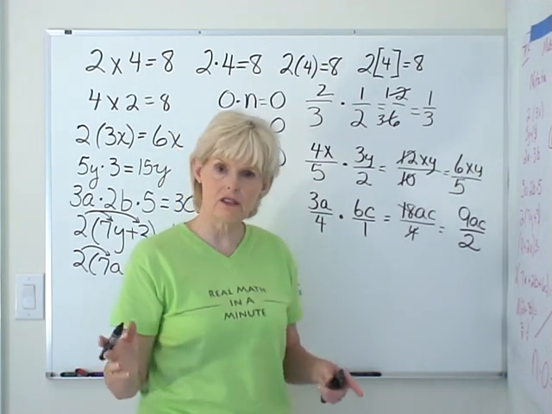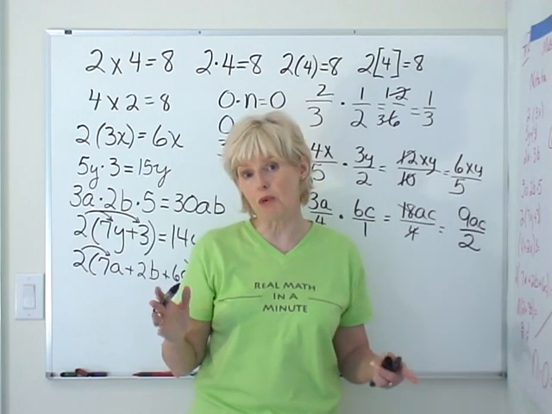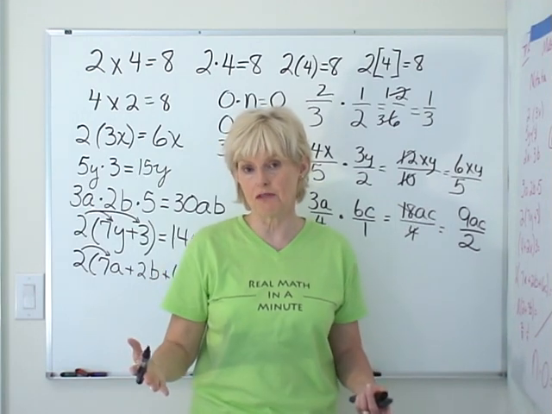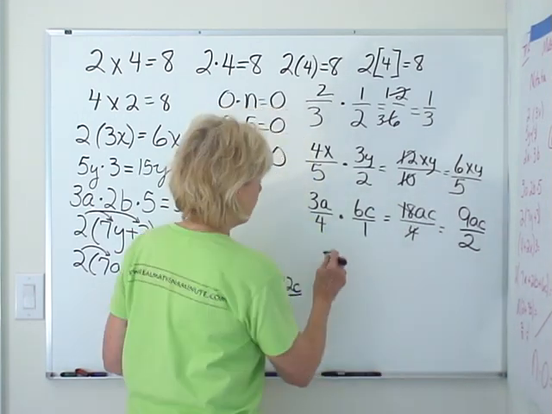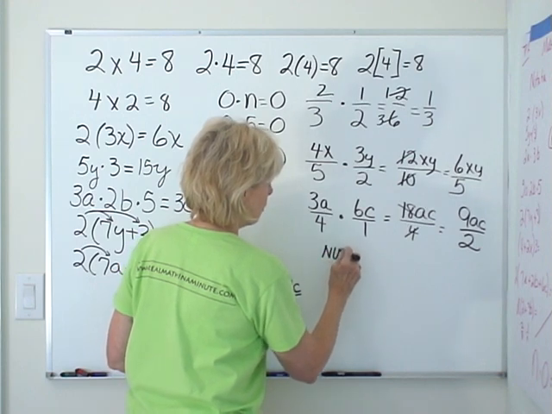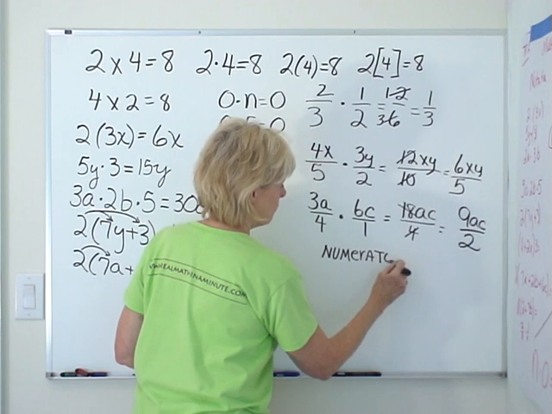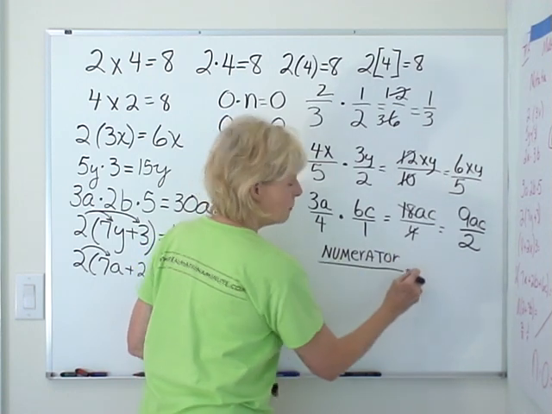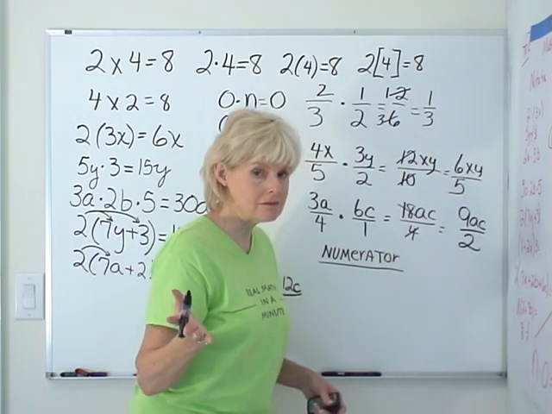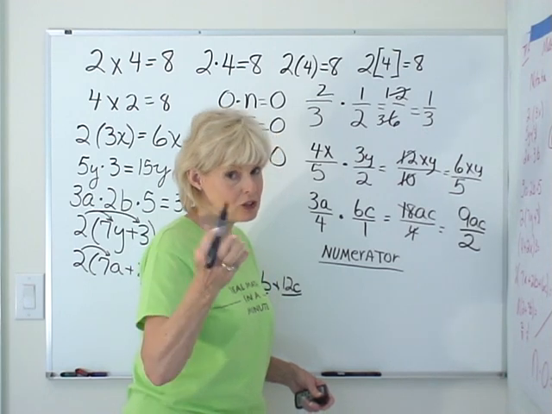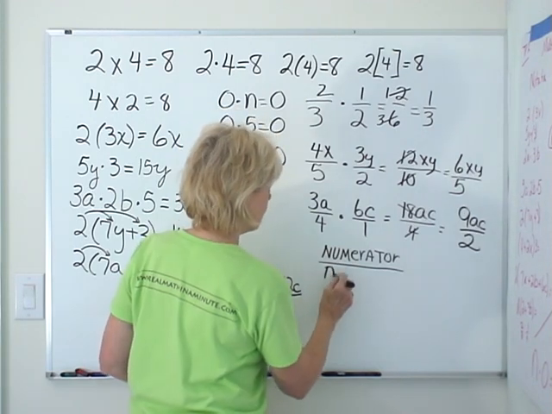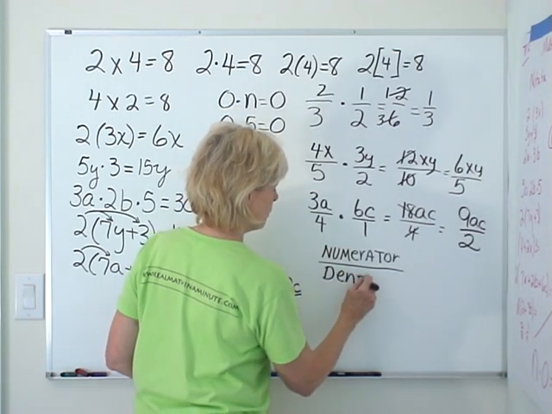Now I keep saying top and bottom, and you know the more sophisticated word for that, but let's review it again. The top word is called numerator. And then the bottom one, say it. See if you get it right. And I bet you do. Bottom one, denominator.